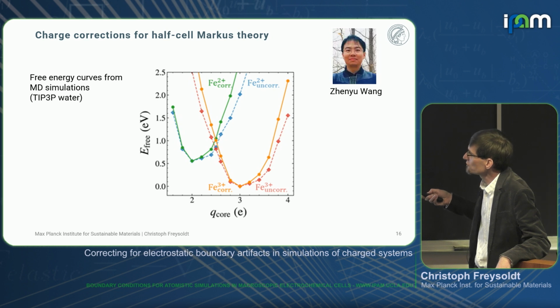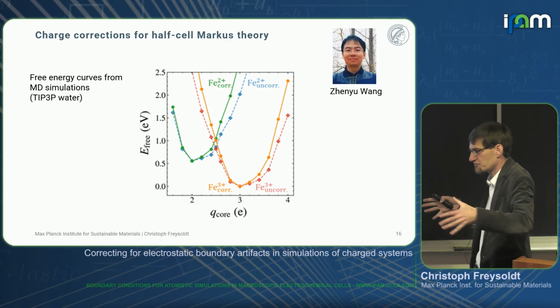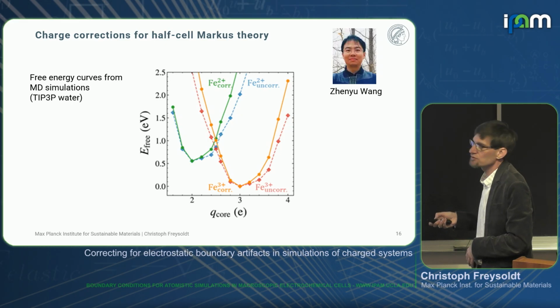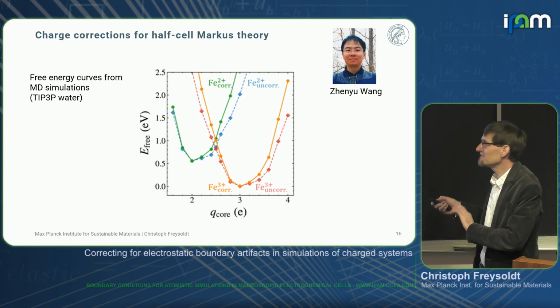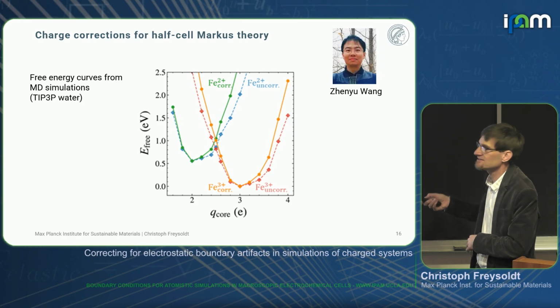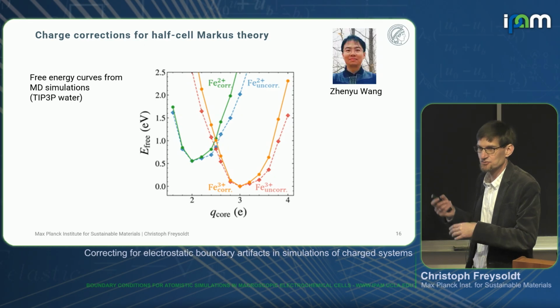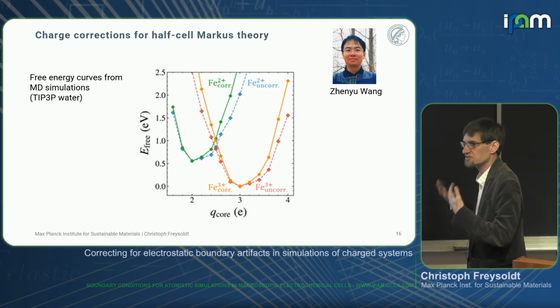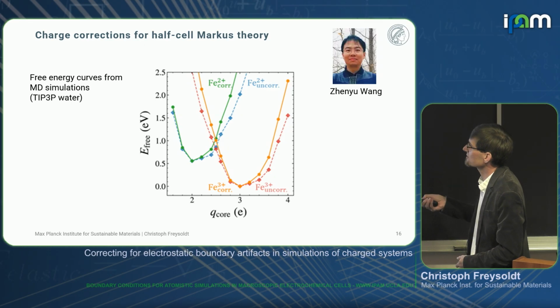And it turned out, even though I only showed you one example, if you do this at different box sizes, they are very important in order to get converged results. So even for electrochemistry, if you want to go for half-cell Marcus barrier calculations, you need to take into account that these corrections are important if you want to get accurate results.